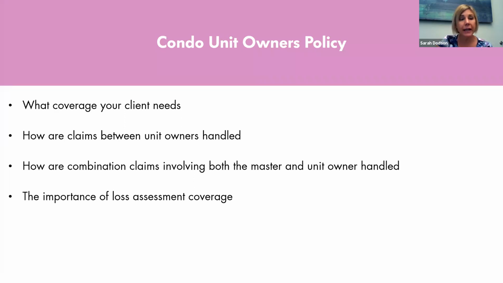All right, so how claims are handled between unit owners. Whether or not you and your insurance company can subrogate against another unit owner or the condo association depends on two things. One, your state law, so it depends on what the statutes are for the state.